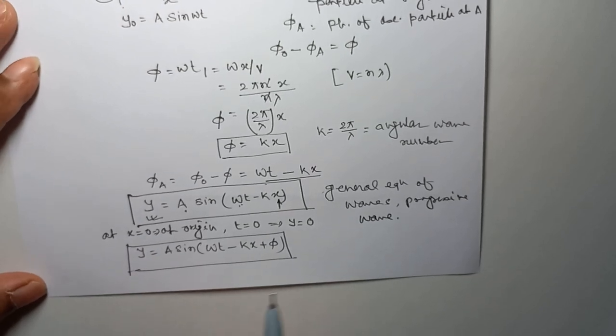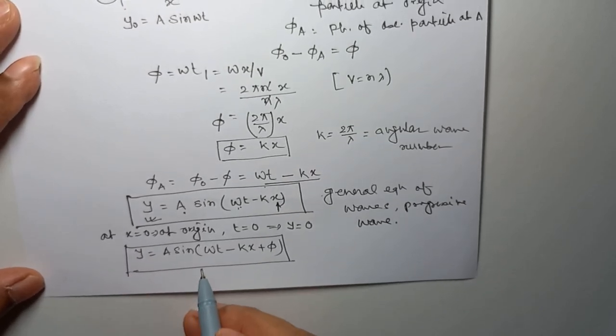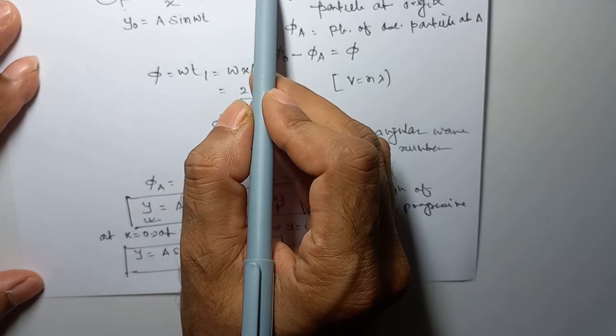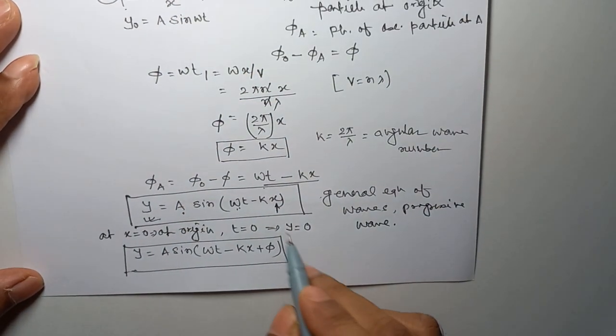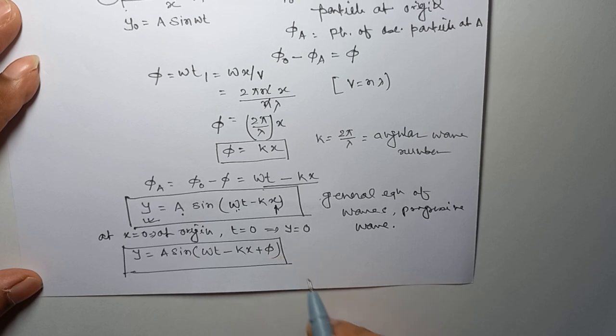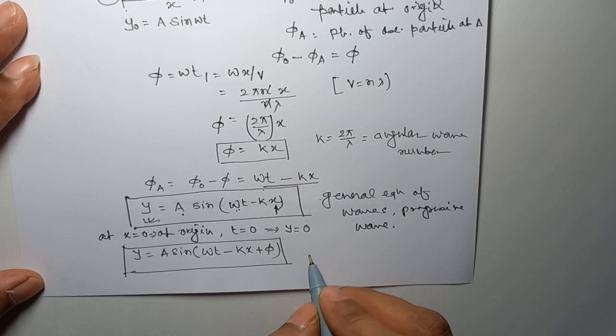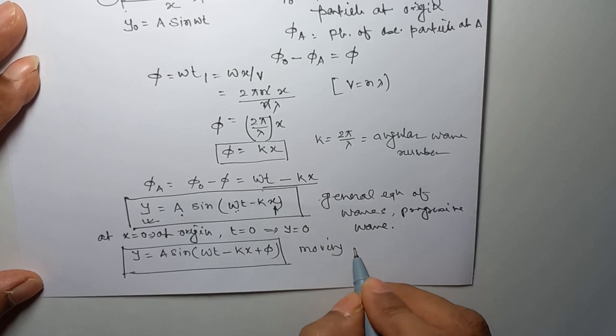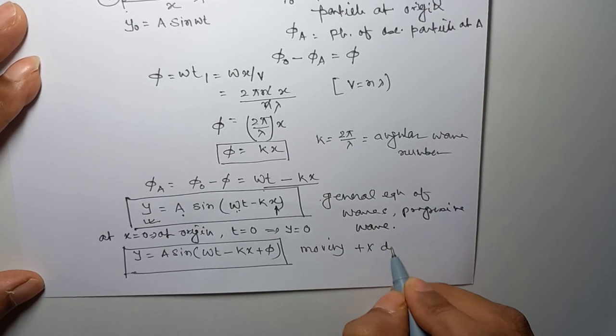And things to remember, this we have derived for the propagation of the wave in the positive x direction. So this represents a progressive wave moving in the positive x direction.